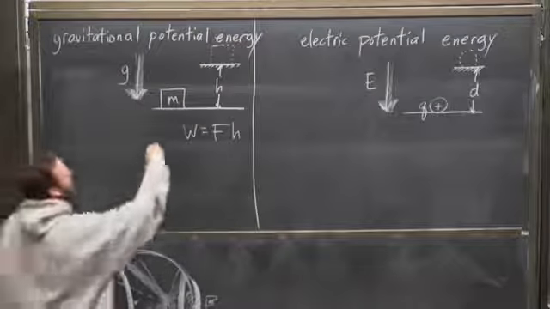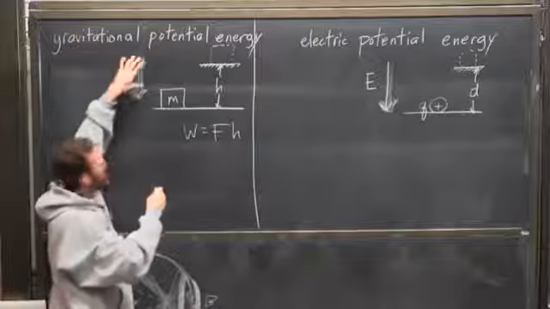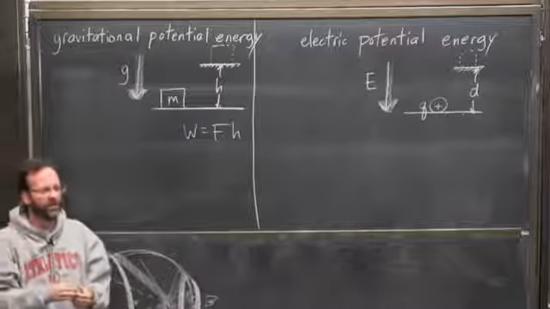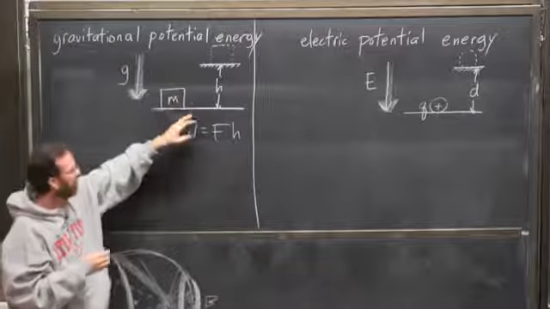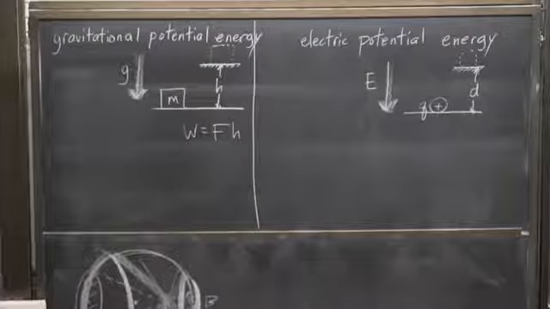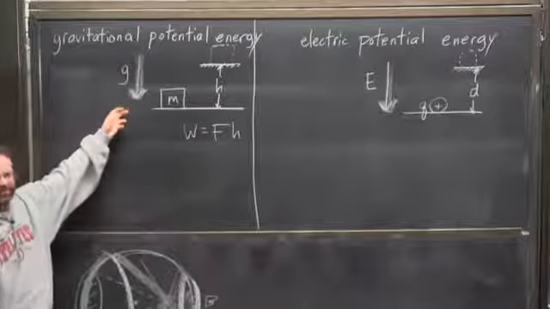If you just push it off, it'll naturally accelerate downward at the rate g and come back down and lose that energy. It'll convert from gravitational potential energy to kinetic energy of motion. And then when it hits the ground, there'll be sound and heat, and it'll transform into that. You remember all that? Is that ringing a bell?